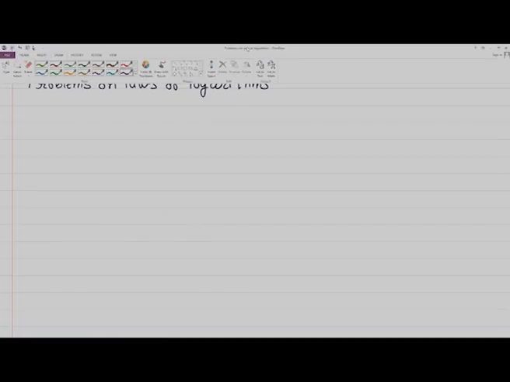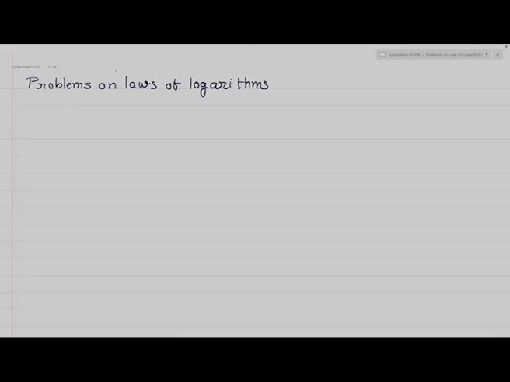We have seen many properties of logarithms. Let us now start solving some problems on logarithms. So here is a first problem, which is simplify. You will be given a complicated expression and you have to simplify the expression to 1 log.